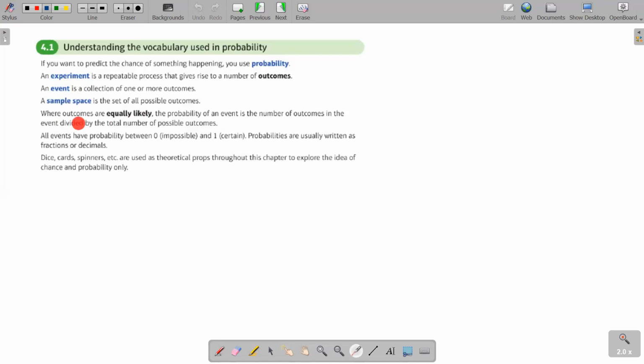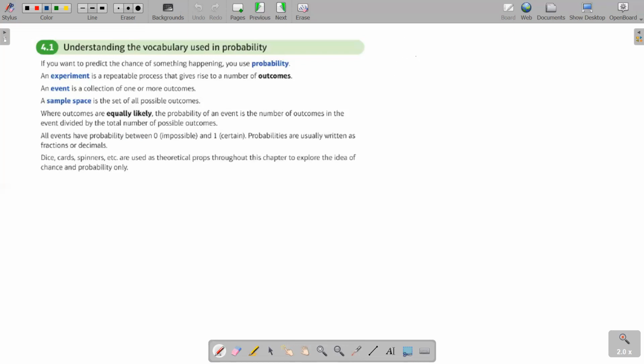Then they say where outcomes are equally likely, the probability of an event is the number of outcomes in the event divided by the total number of possible outcomes. What do they mean by that? An example where events are equally likely is a coin. When you take a coin, it's equally likely that you get a head or a tail, because both sides have an equal chance.